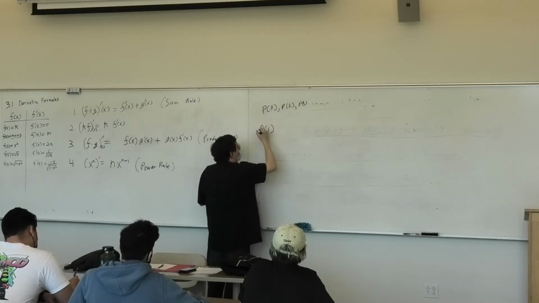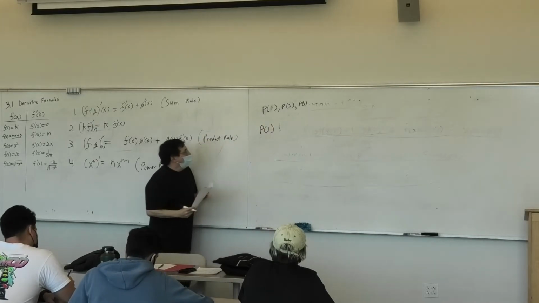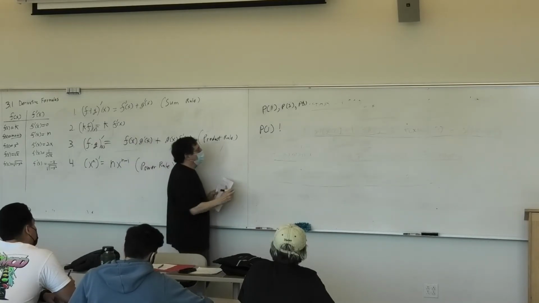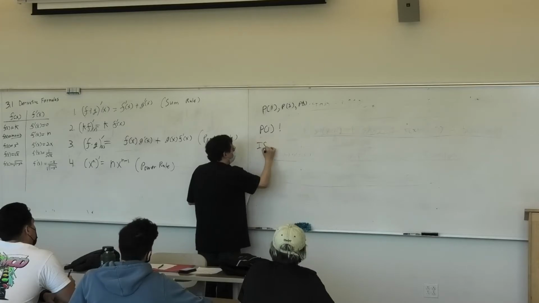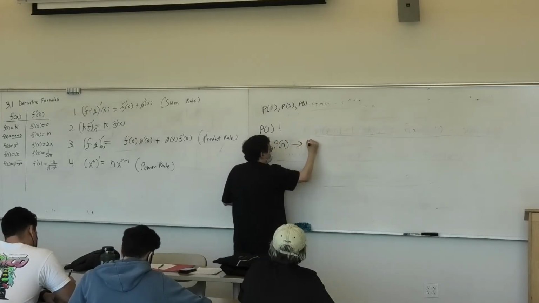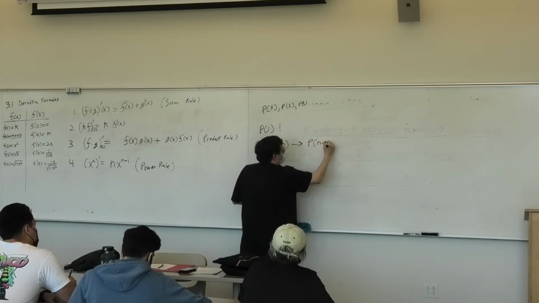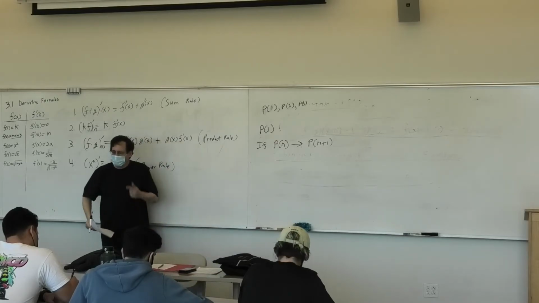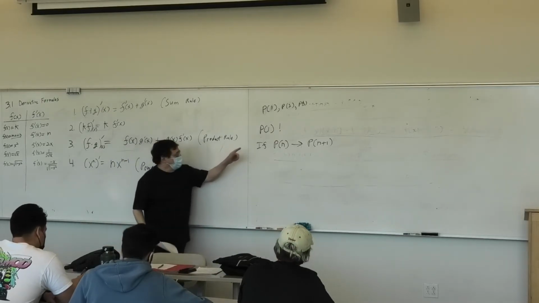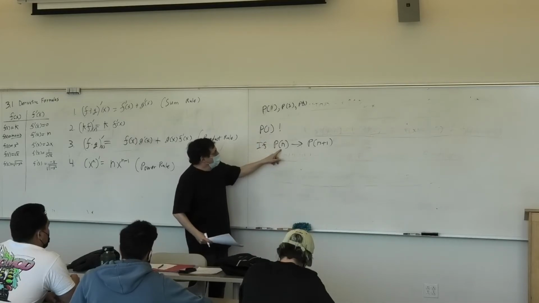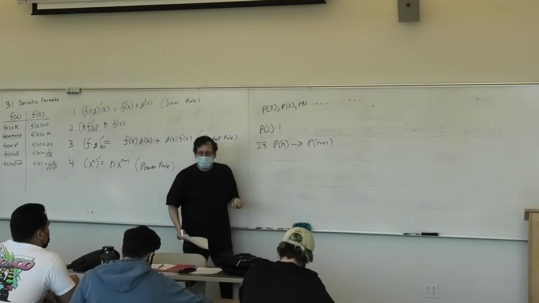You prove P of 1, proposition 1. Then you show that, if proposition n is true, then proposition n plus 1 follows from that. All right, so you got to follow the logic here. We proved 1, and we proved if n, then n plus 1 is true.